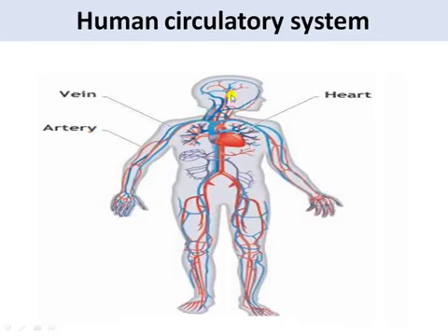Your circulatory system transports food from the digestive system to all parts of your body. And second, the circulatory system transports oxygen and carbon dioxide to and from the lungs.